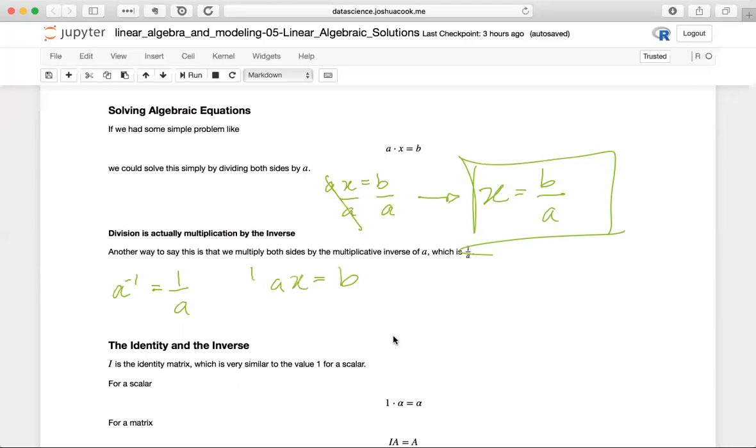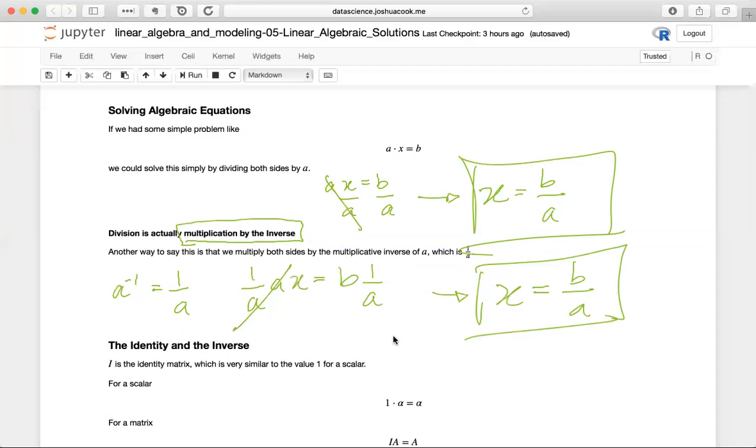So 1 over a times ax equals b times 1 over a. Cancels, and I get the same thing. x equals b over a. And this is actually a better way to think about it. Think about it in terms of multiplication by the inverse.